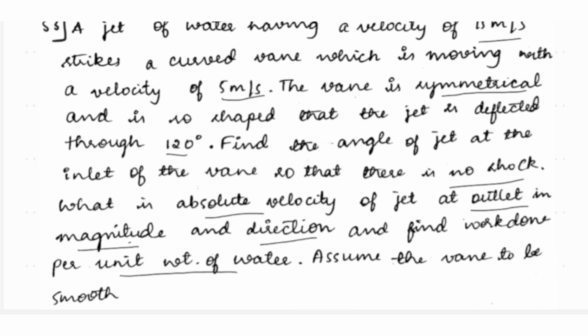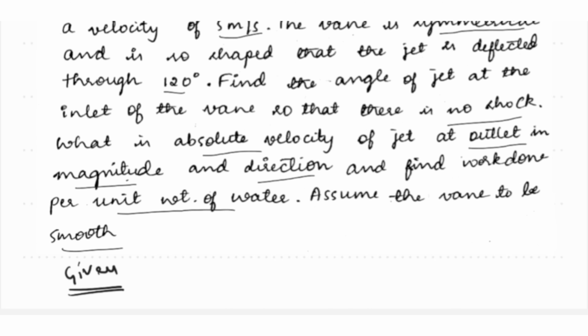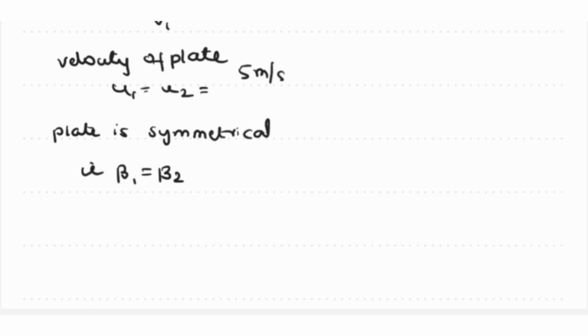So the vane is symmetrical, so that is beta 1 is equal to beta 2. We have to calculate what is the vane angle at inlet, that is nothing but alpha 1 is equal to question mark.